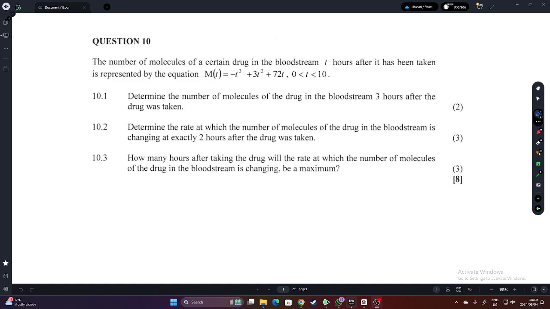Now, the way we approach this question is going to involve what I like to call word association, which means within the question itself, when we see a particular word or phrase, it tells us exactly what we're supposed to do to solve this problem.